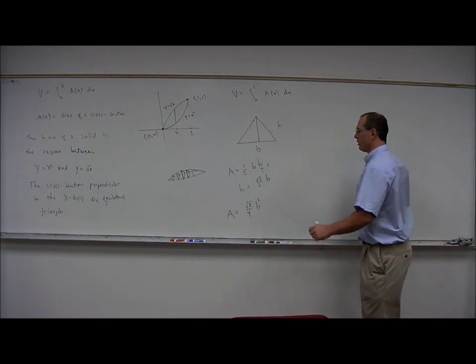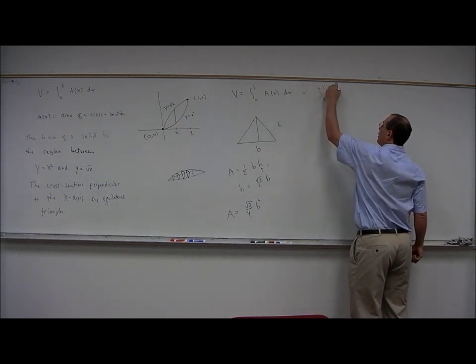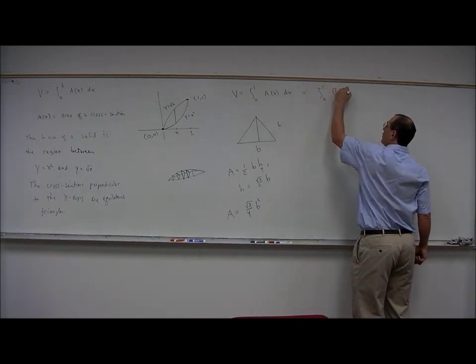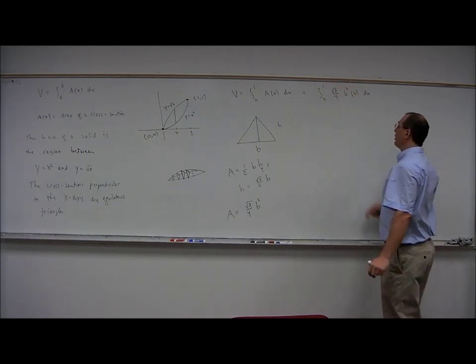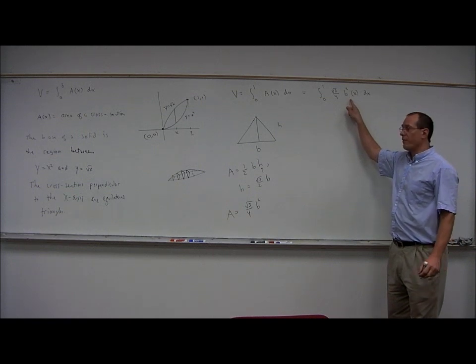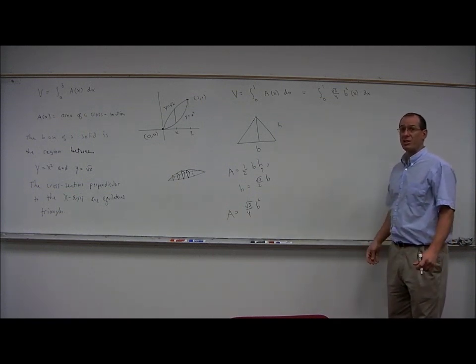So in our integral, this is going to be the integral from 0 to 1 of the square root of 3 over 4 times b of x squared. I'm going to emphasize here that the size of our triangle will depend on x.